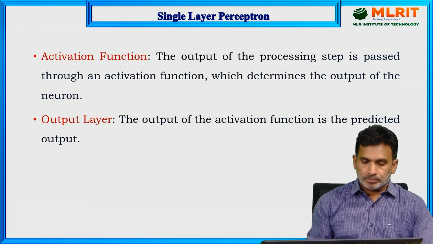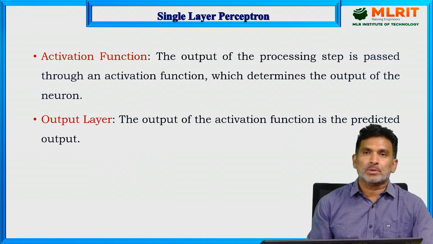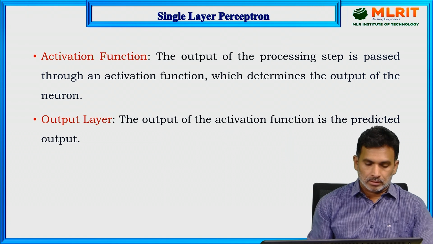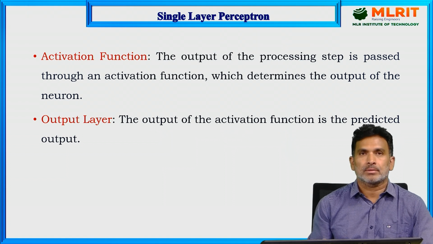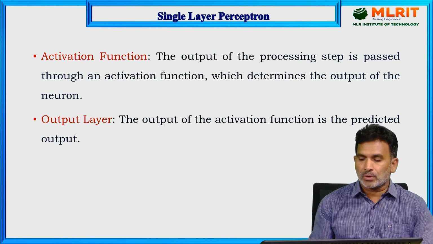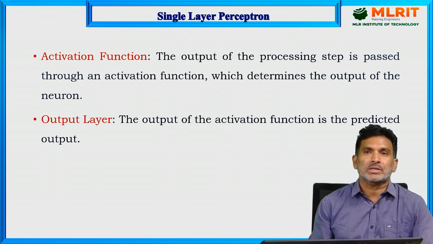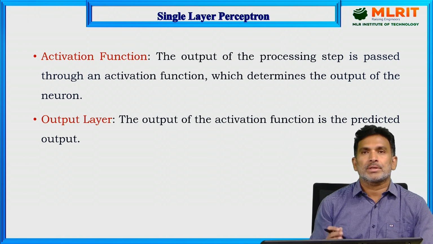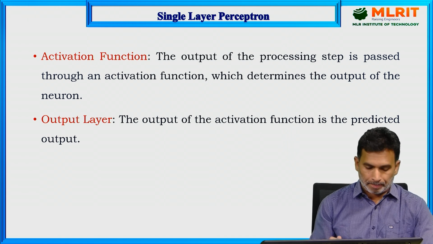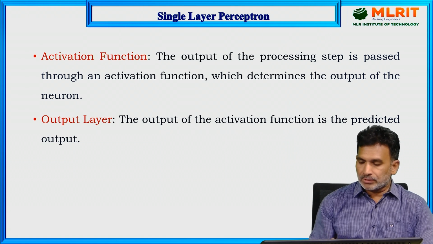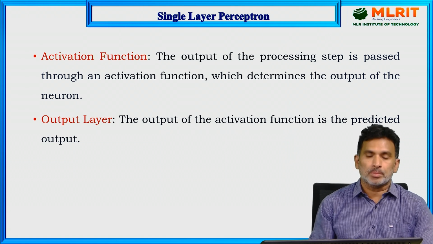In a single layer perceptron, the output layer has an activation function. The output of the processing step is passed through an activation function, which determines the output of the neuron. The output of the activation function is the predicted output.